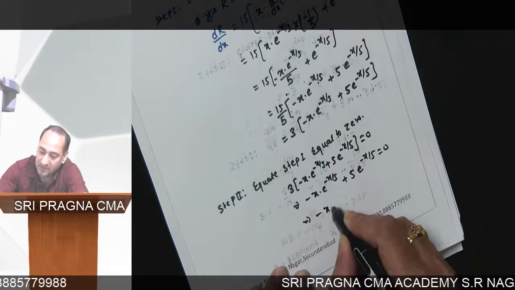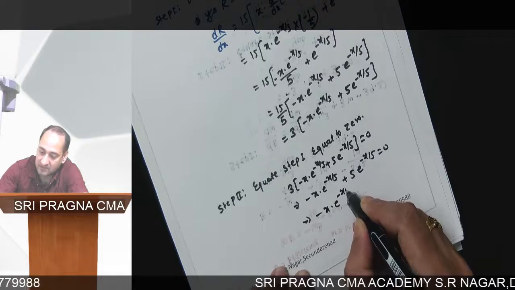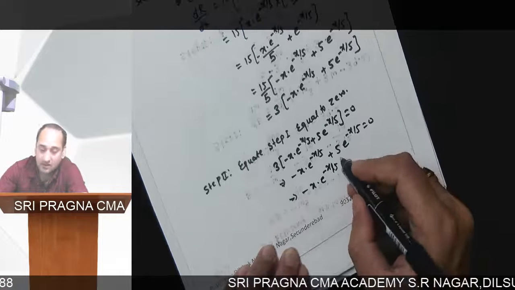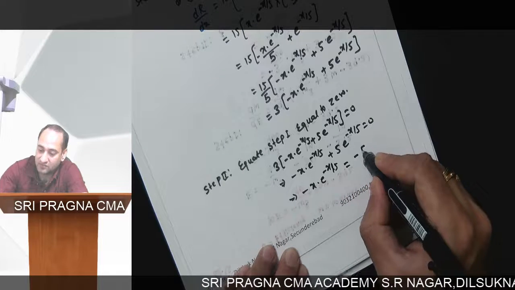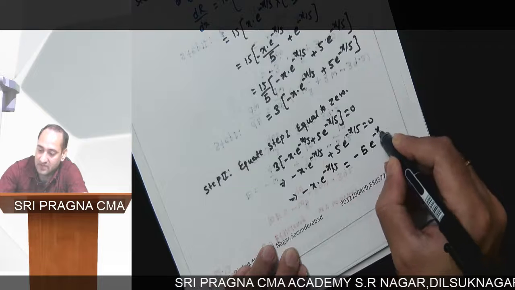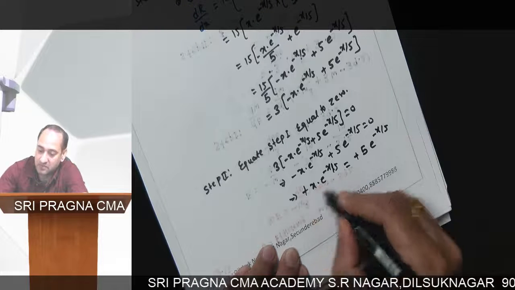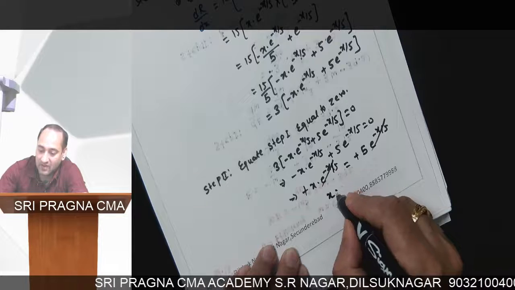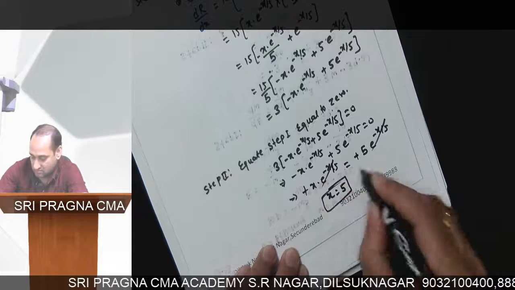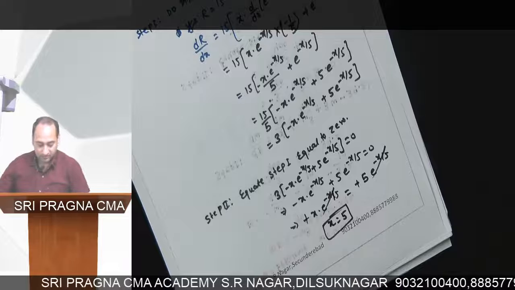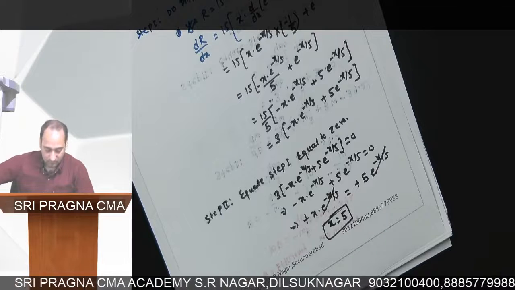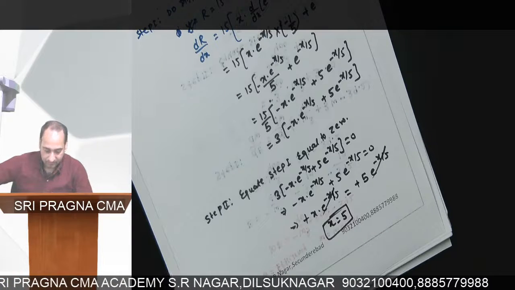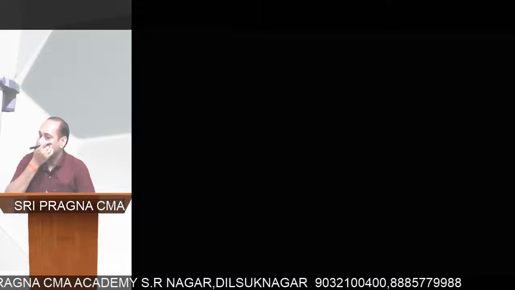So minus x e to the power minus x by 5 equals minus 5 e to the power minus x by 5. Minus minus becomes plus, e to the power minus x by 5 gets cancelled. So what will we have? x is equal to, is it okay for all of you? What is the value of x? 5.